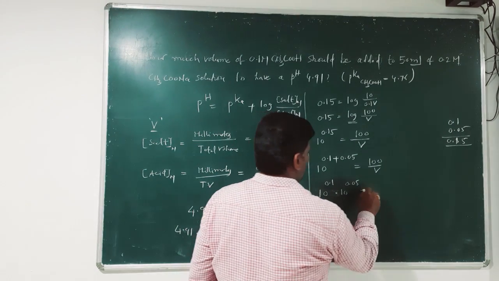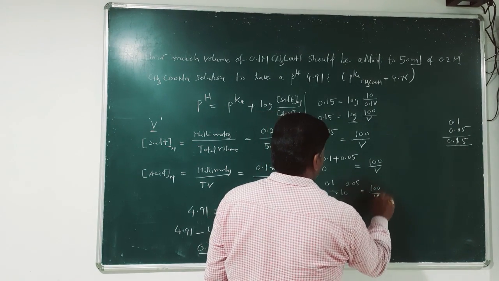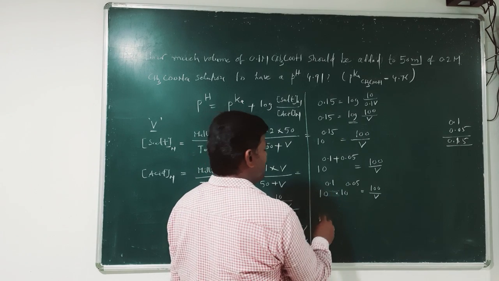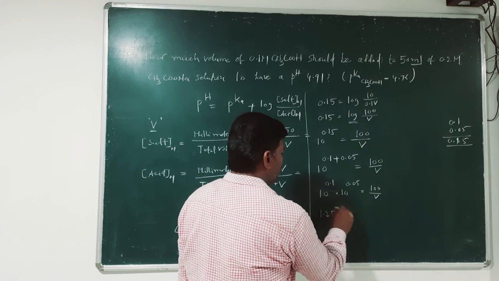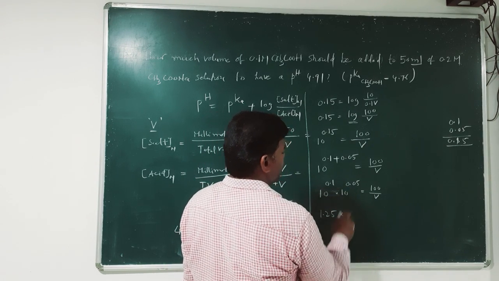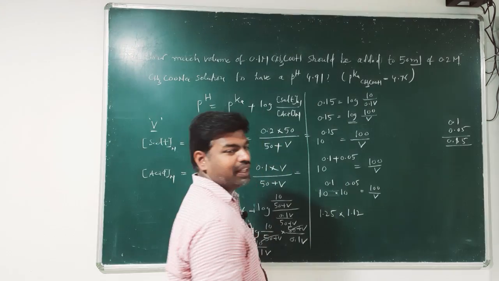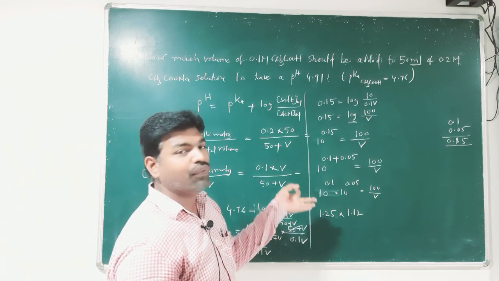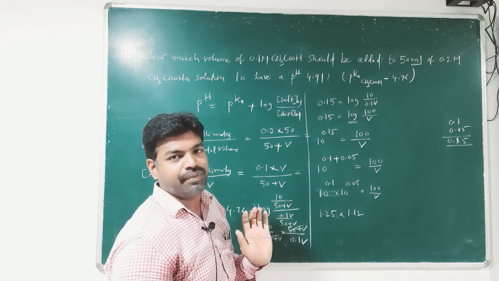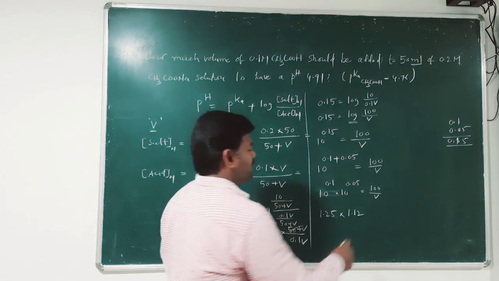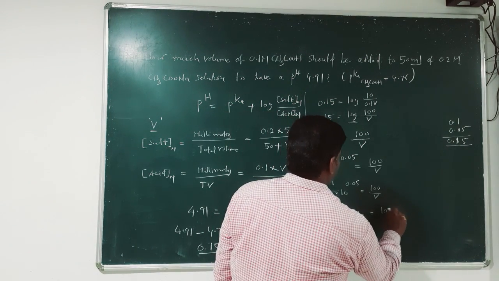So this is equal to 100 by V. The anti-log of 0.1 is 1.25, into the anti-log of 0.05, that is 1.12. These are the anti-logarithm values that we should memorize, right? So this is equal to 100 by V.